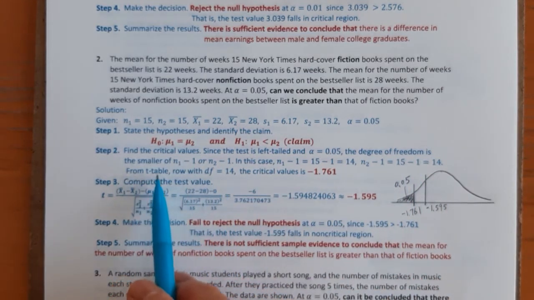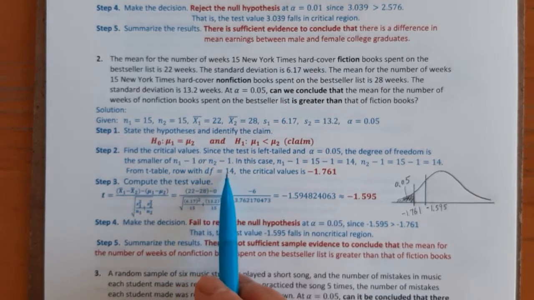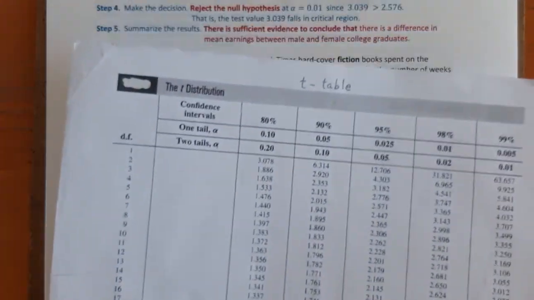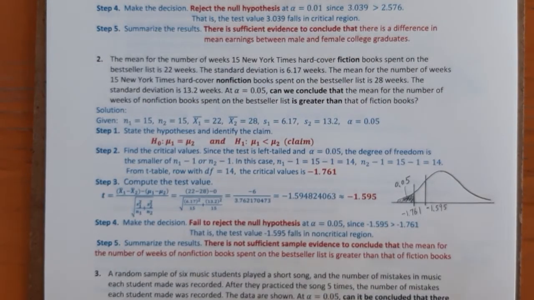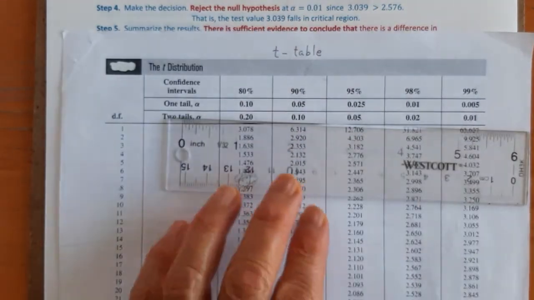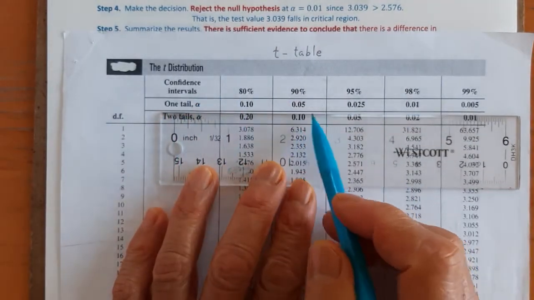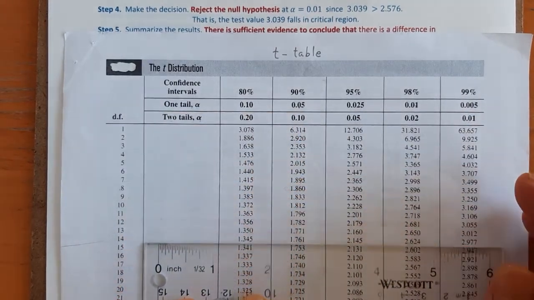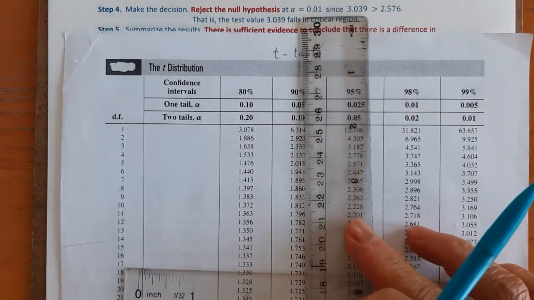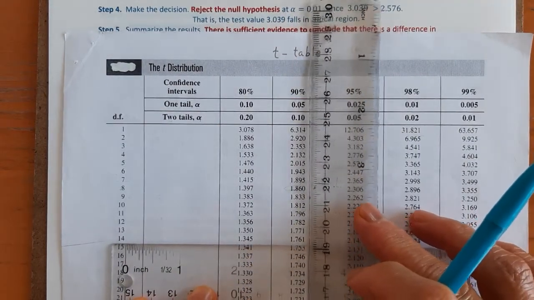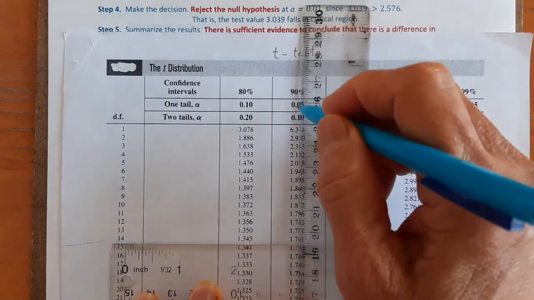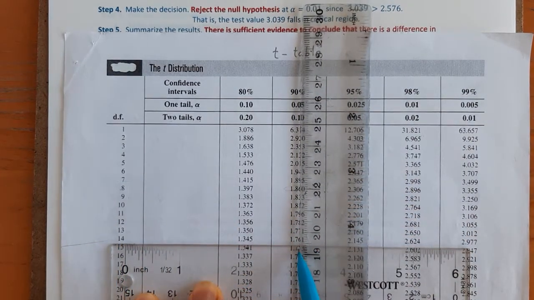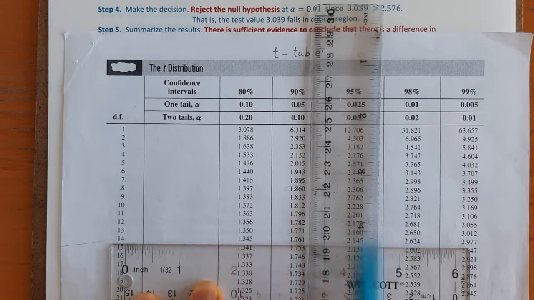So from the T table, take the row with degree of freedom 14 and one tail test, alpha equal 0.05, one tail. Go down to degree of freedom 14. The intersection is 1.761.